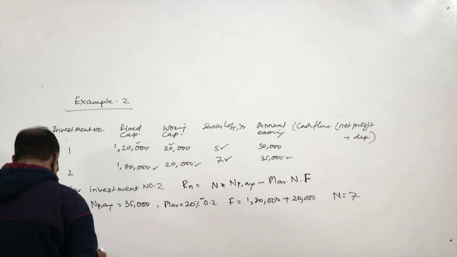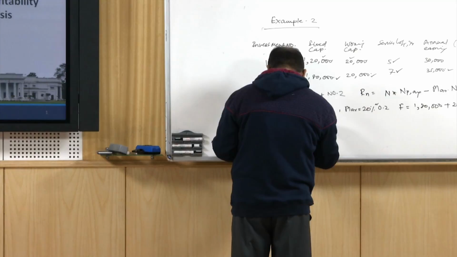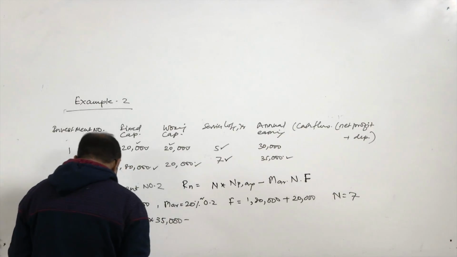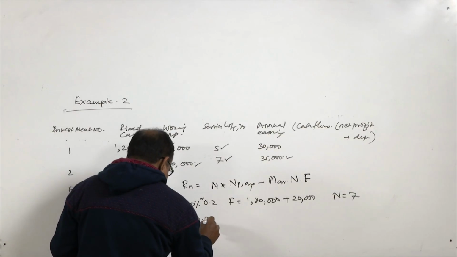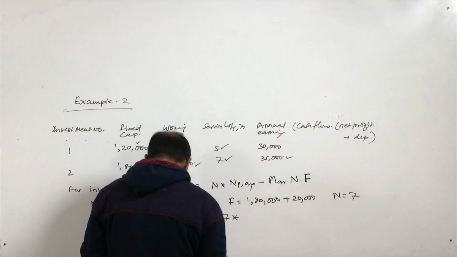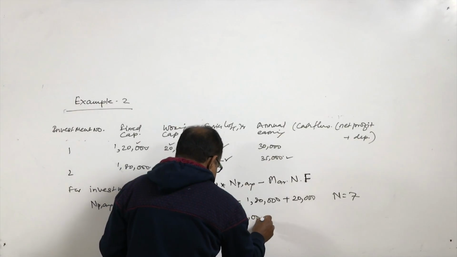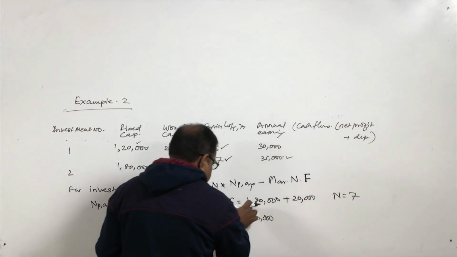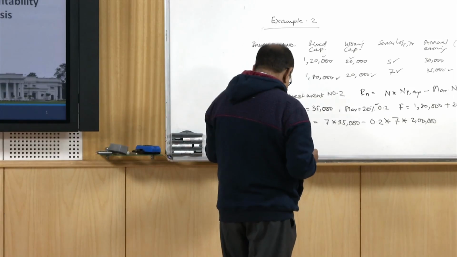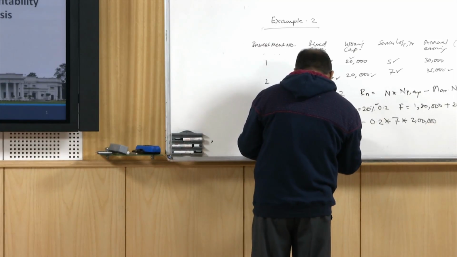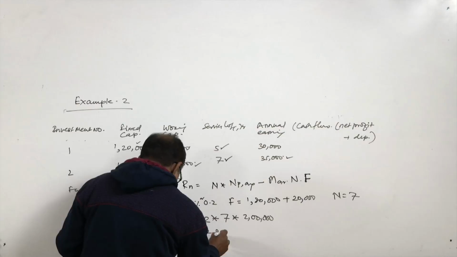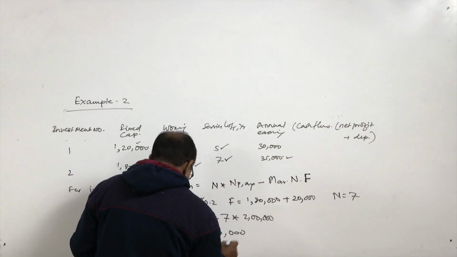Now, if we calculate Rn, 7 into 35,000 minus the value of MAR, 0.2, into 7 years, and this is 2 lakh. 2 lakh has come from here: 1,80,000 plus 20,000 is 2 lakh. This comes out to be 245,000 minus 2,80,000.